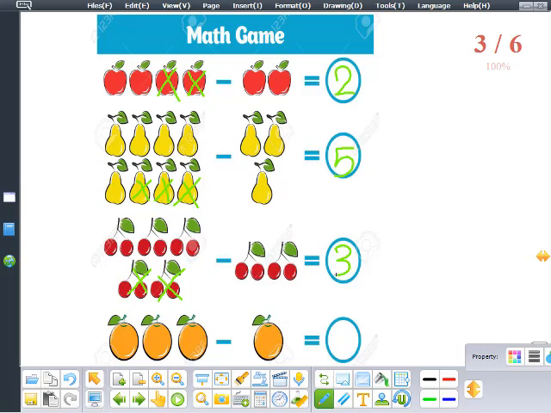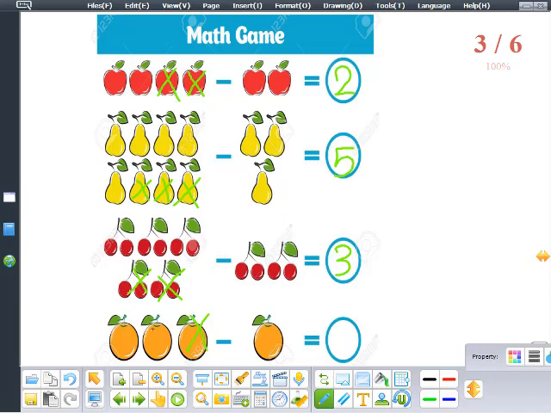Well, look at the last one. Here we have some oranges. Let's count them. 1, 2, 3. How many oranges are here? 3. 3 minus how many? 1. Well done. So we will make a cross on 1. We don't care about this side.